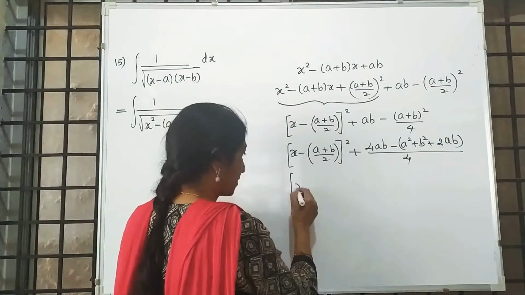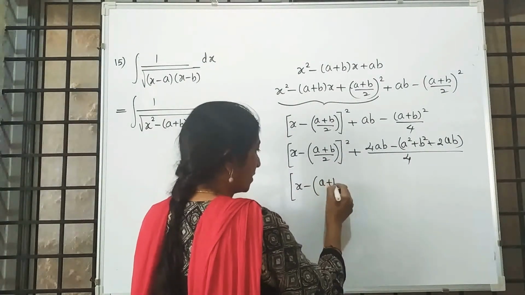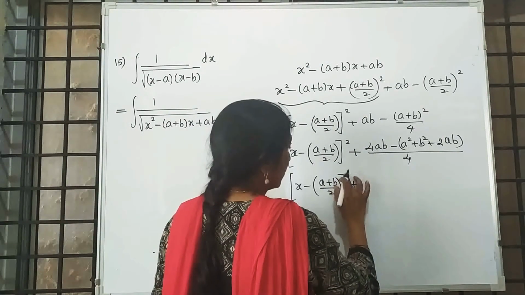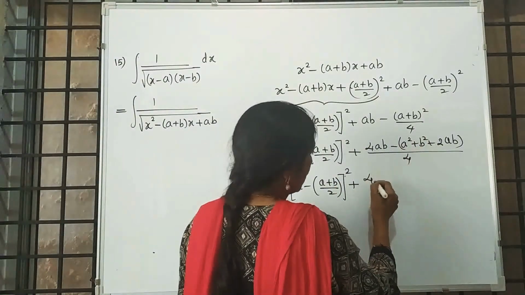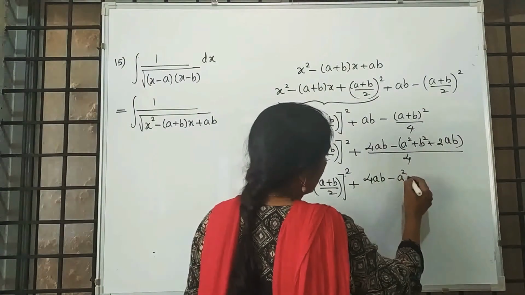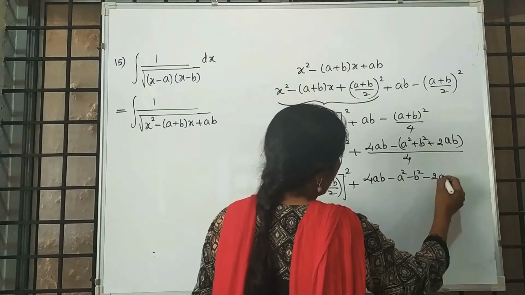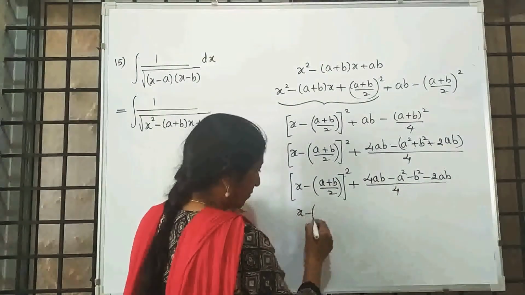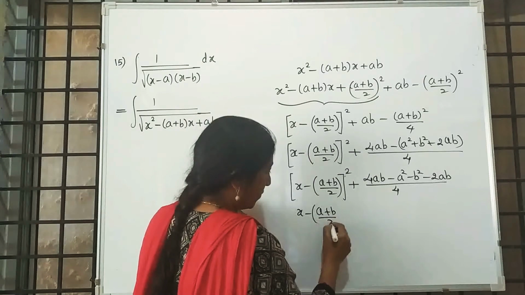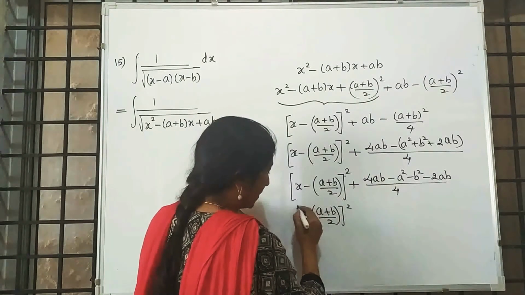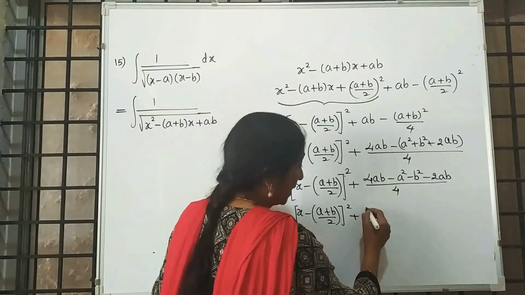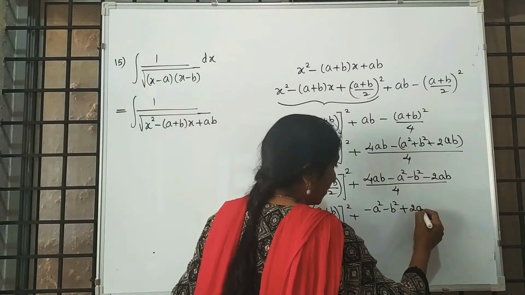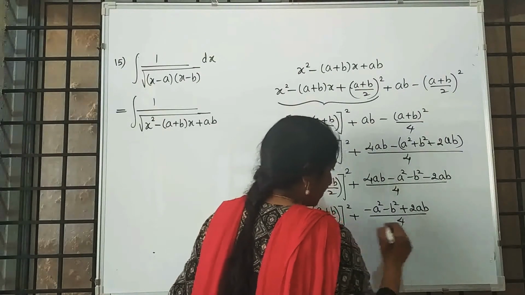So this term as it is, x minus (a plus b) upon 2 whole square, plus what is remaining if you remove the bracket: 4ab minus a square minus b square minus 2ab divided by 4. x minus (a plus b) upon 2 whole square plus, in the bracket, I am writing minus a square minus b square plus 2ab divided by 4.